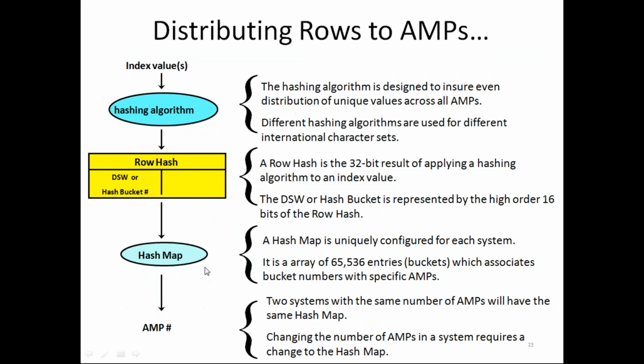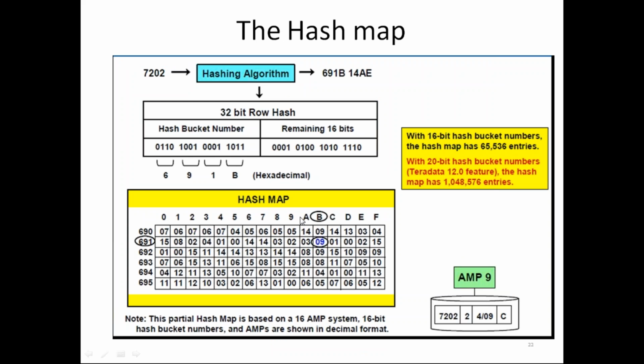Wherever the row and column coincide, that particular hash bucket value is considered as the amp number in which this record has to be stored. So in the 9th amp, the record which has the primary index value 7202 is stored. The entire record will be stored along with the primary index and the row hash value also.